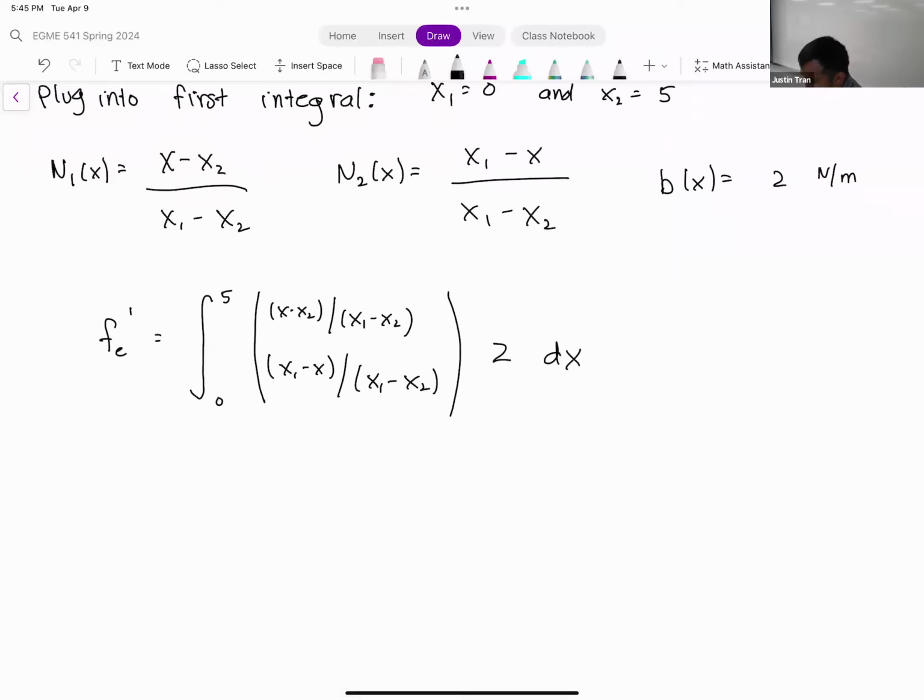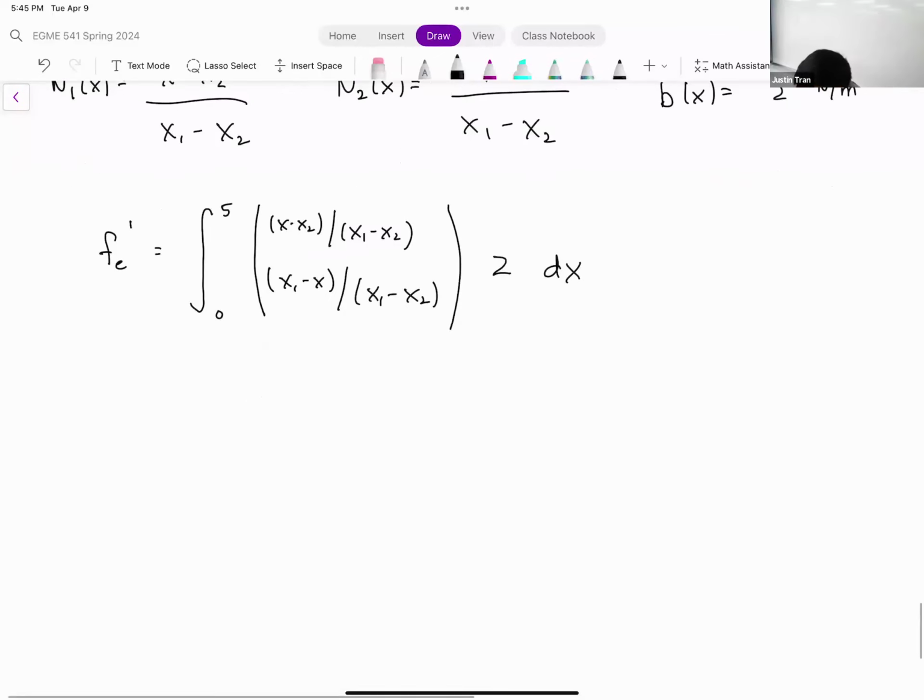Let's simplify this a bit. I've already plugged in x1 and x2 for the integration bounds, so let's plug in for x1 and x2 for all of the interior parts as well. Keep in mind that we have a lot of constants here, and if it's a constant, we can just pull it out of the integral.